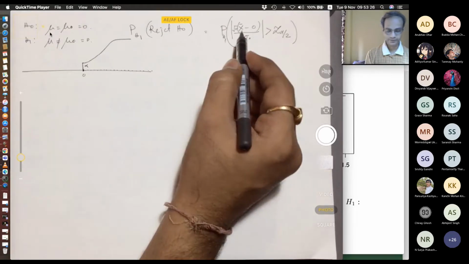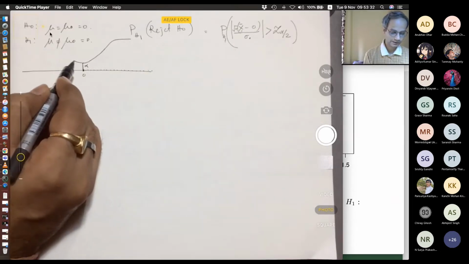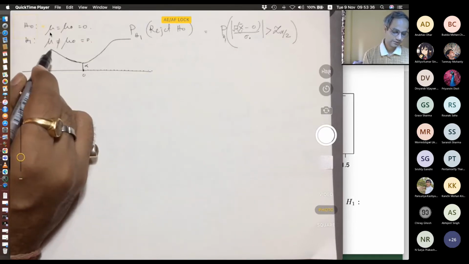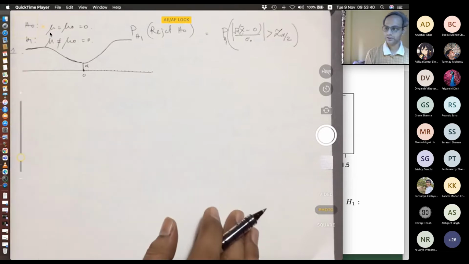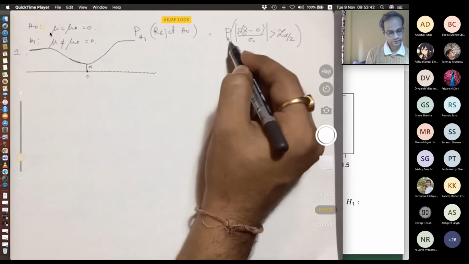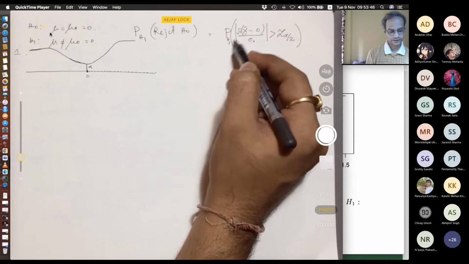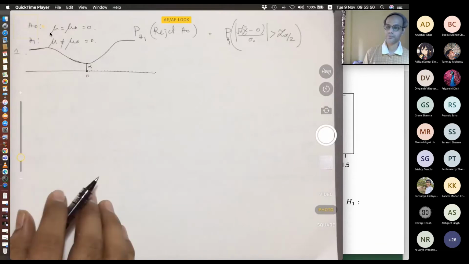Similarly, if the mean is say minus 0.1, minus 0.2, gradually this side also it is increasing because absolute value is there, and gradually you will stabilize. So that is how, when the mean of the data from where it is coming deviates from the null, you will get more and more power. This is how it is.